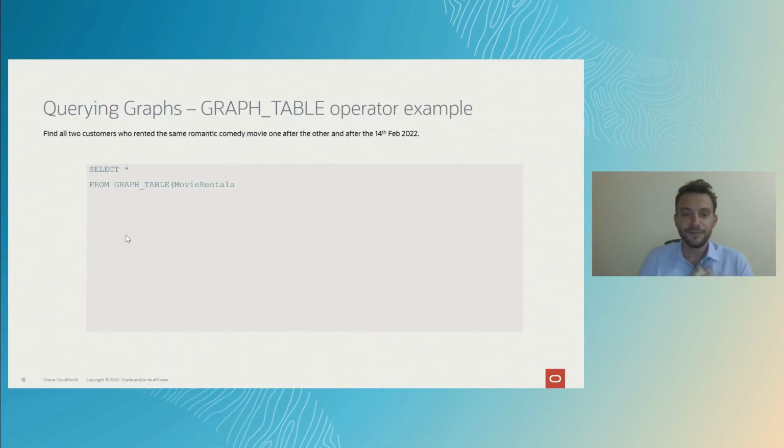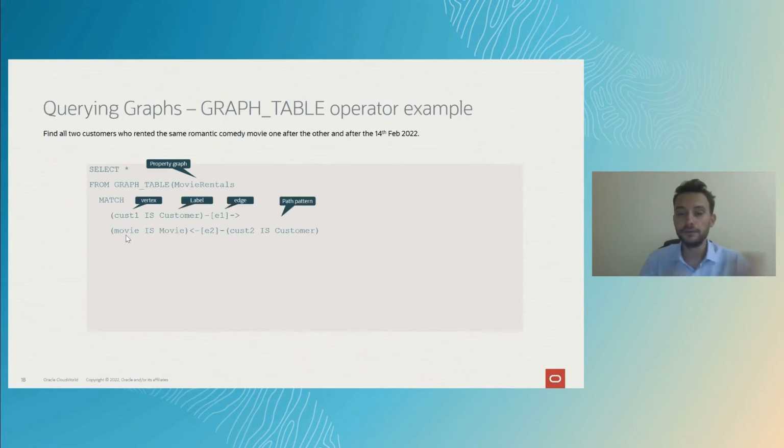We will start with select star from, and we will specify the graph table operator and the graph name we want to query, in this case, movie rentals. And then the next part is to specify the shape of paths I want to find in the graph. If you remember, the query says we want to find two customers.